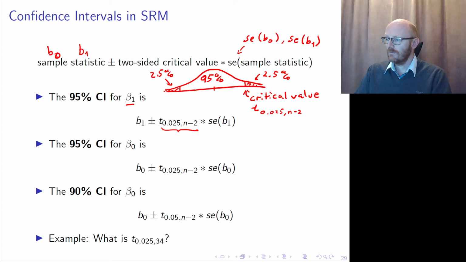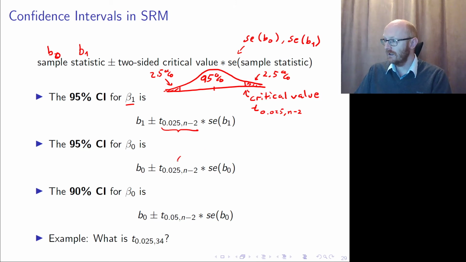And for example, a 95% confidence interval for beta naught, the true value of the intercept, is made equally.